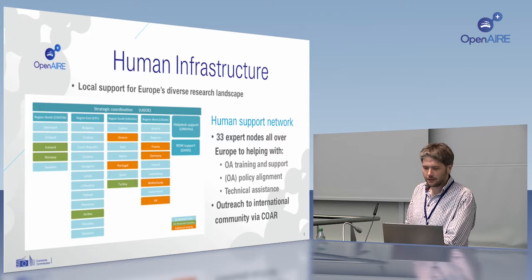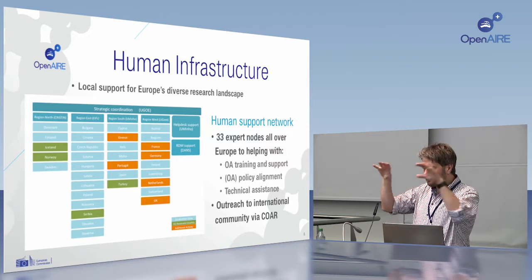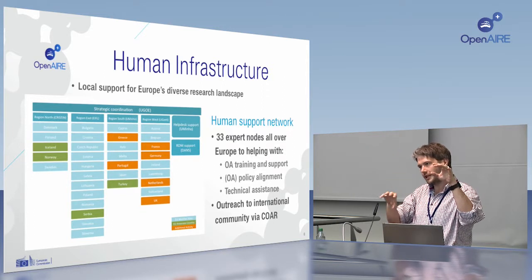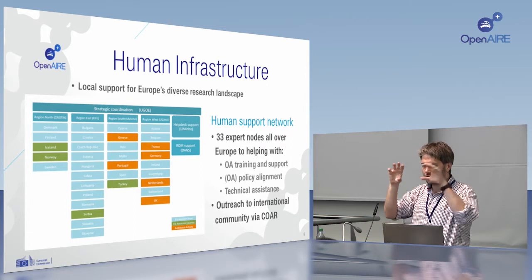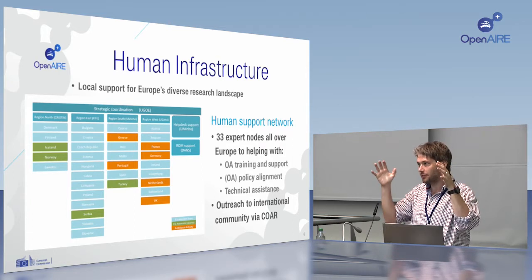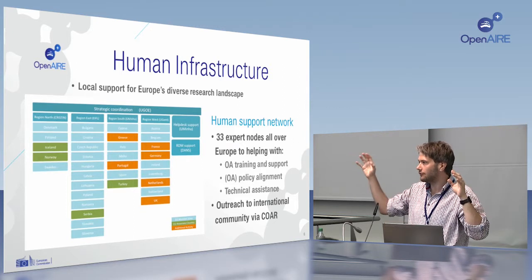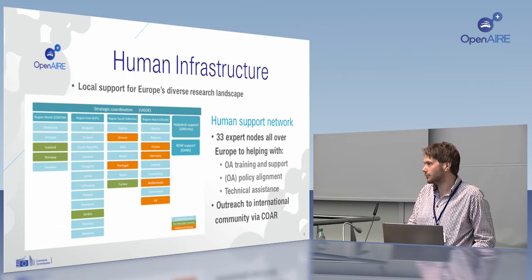And then finally, the human infrastructure is about trying to bring that implementation from the EC level right down to the national and the local, institutional level. But then we also don't want to just be a European silo. Of course we don't want that, so we then have outreach via the Coalition of Open Access Repositories, via COAR.